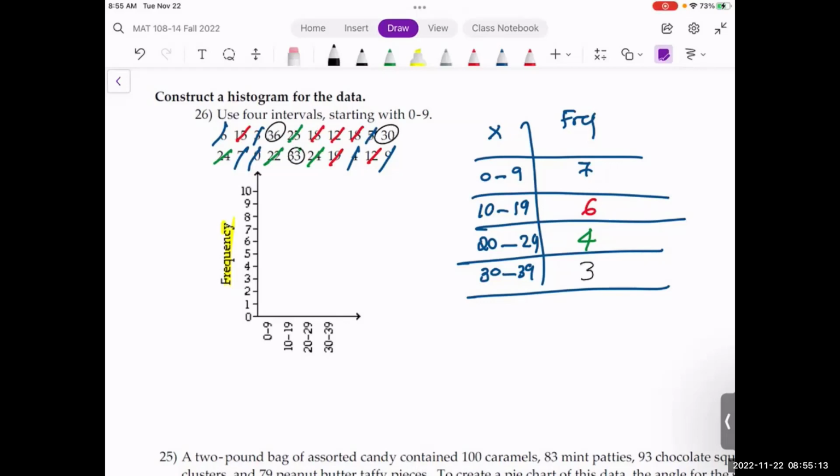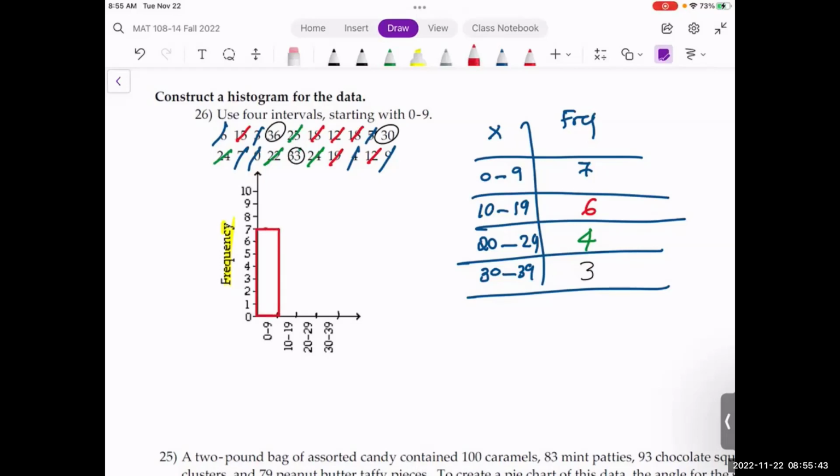Are we okay? And they give you the frequencies here. Between 0 and 9, this is going to be somewhere here. This is somewhere here. I'm making the same width for each bar, right? And then you're going to see 7. So for example, 7 is here, so I'm going to make a bar going up to 7. That's the first bar.